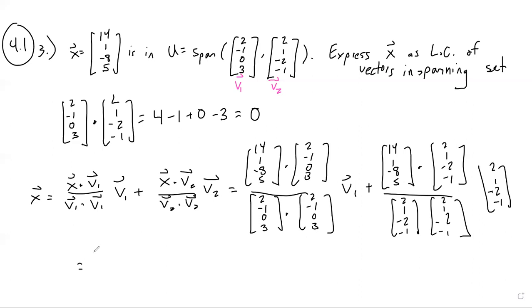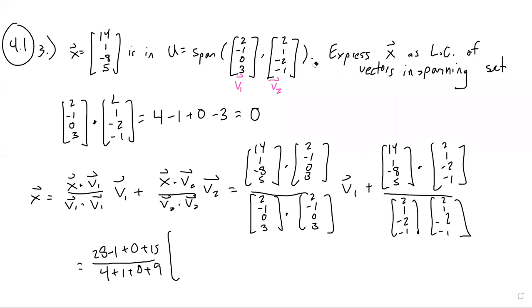And these are relatively easy computations for us to go through and do. So I'll get 28 minus 1 plus 0, and 5 times 3 plus 15. And then on the bottom, 2 times 2 is 4, plus 1 plus 0 plus 9. And then times the first vector. I guess I can be consistent and write it like this.